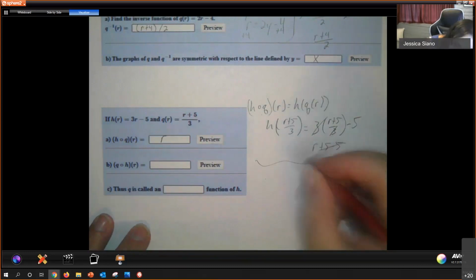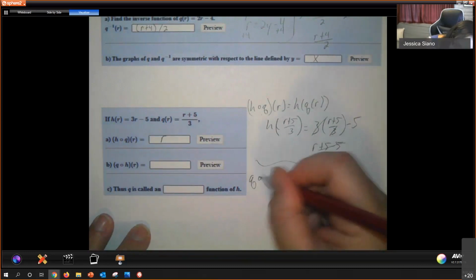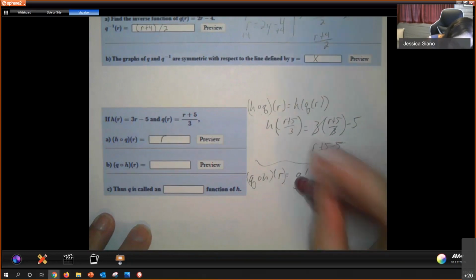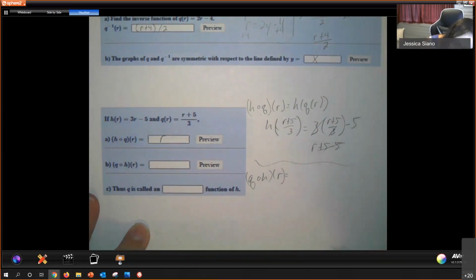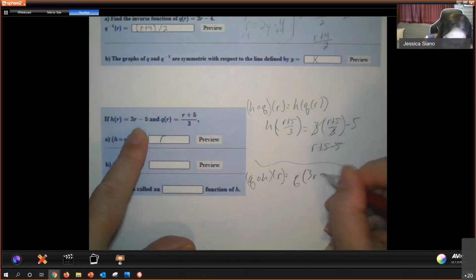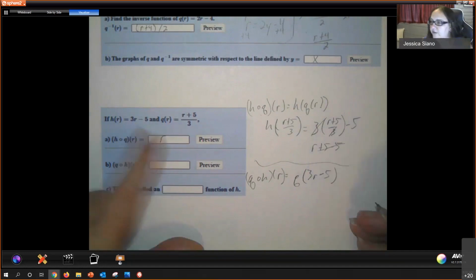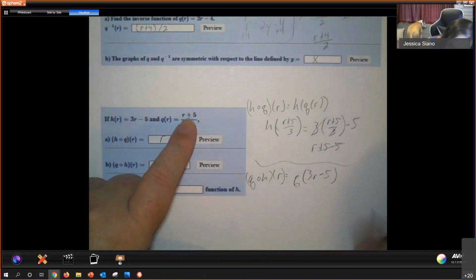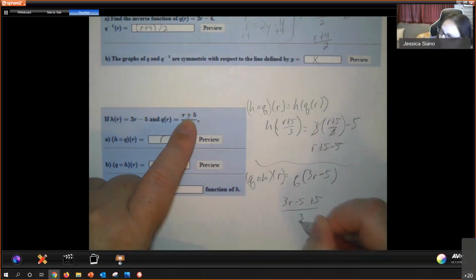Okay, let's do it again the other way. Q of h of r would be Q of 3r minus 5. So I'm going to go to Q, and I'm going to replace the r with 3r minus 5. So 3r minus 5 plus 5, divided by 3.